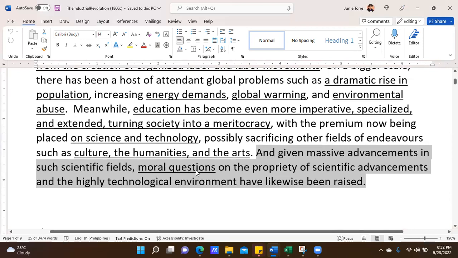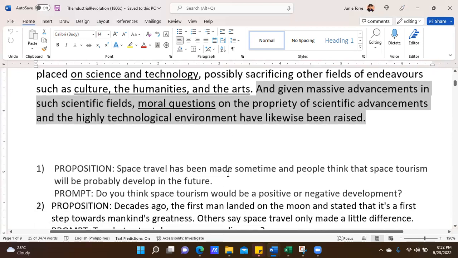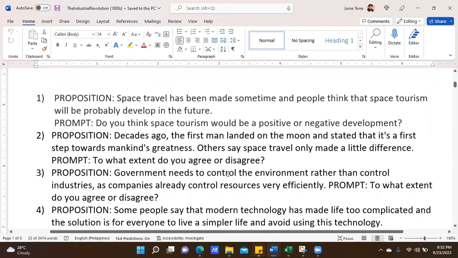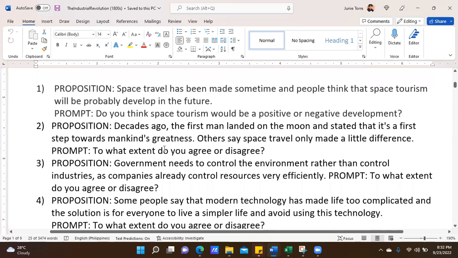I guess the supreme moral question there will be AI, no? What is going to be the impact of that on our lives? Yeah, so that's why you see these questions, they all relate to the Industrial Revolution.